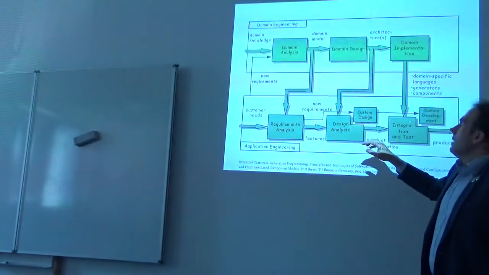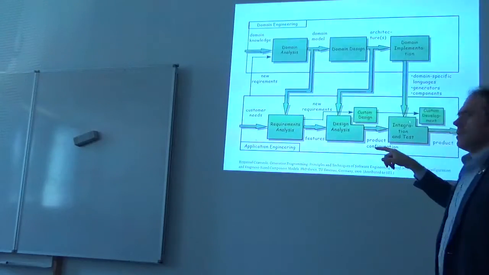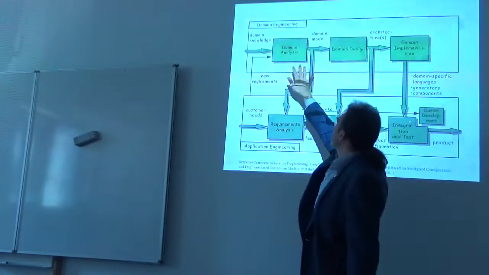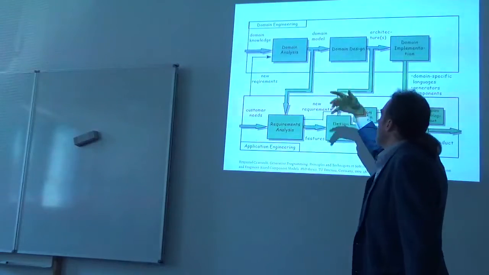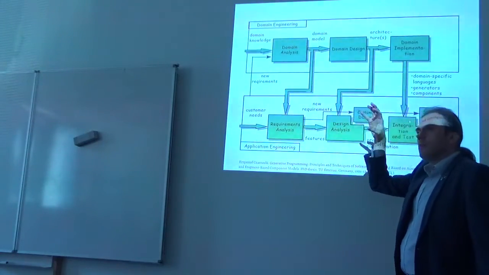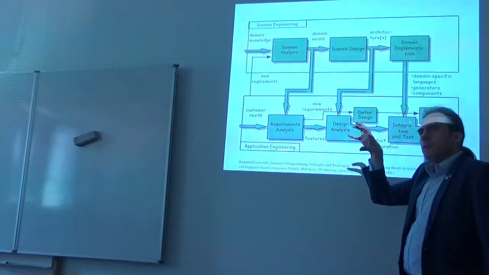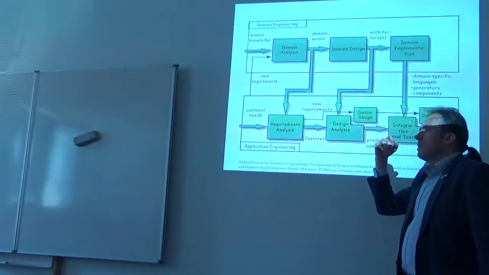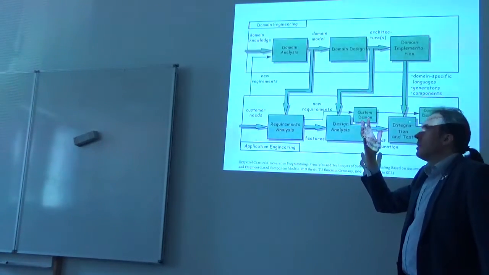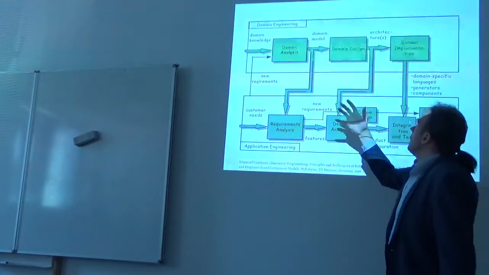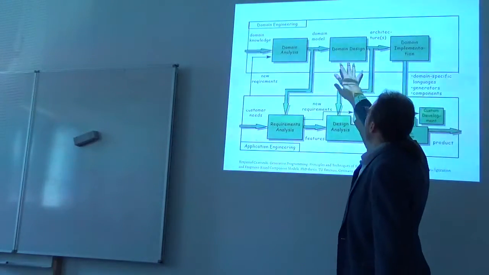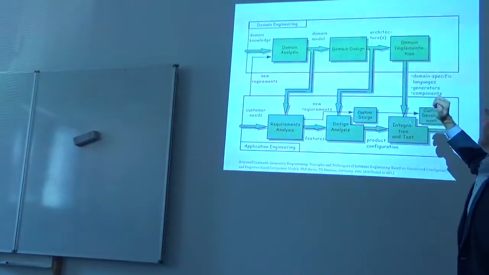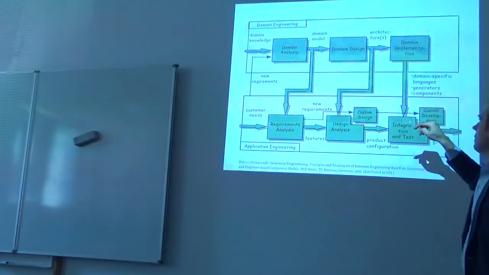But to get to this product, you go through this domain engineering where you first abstractly treat your domain. Mainly you address the variability in the domain. Then you decide about implementation mechanisms. You implement what you can implement.